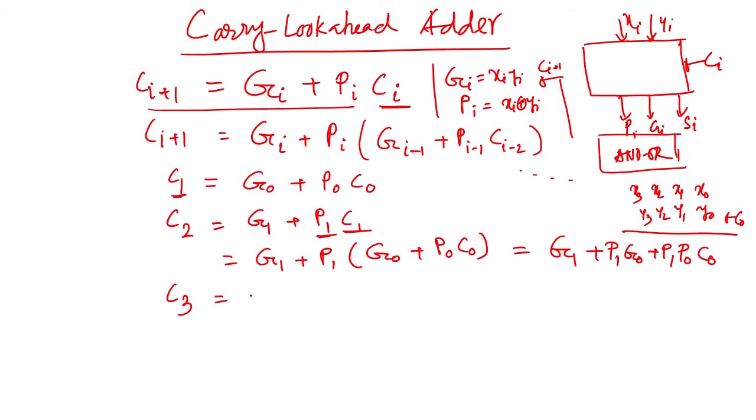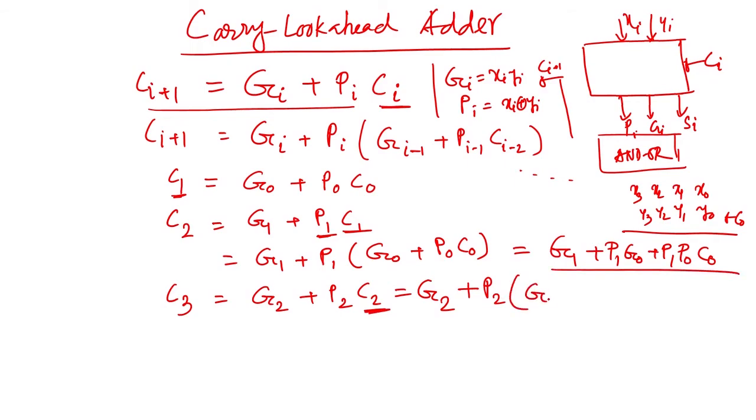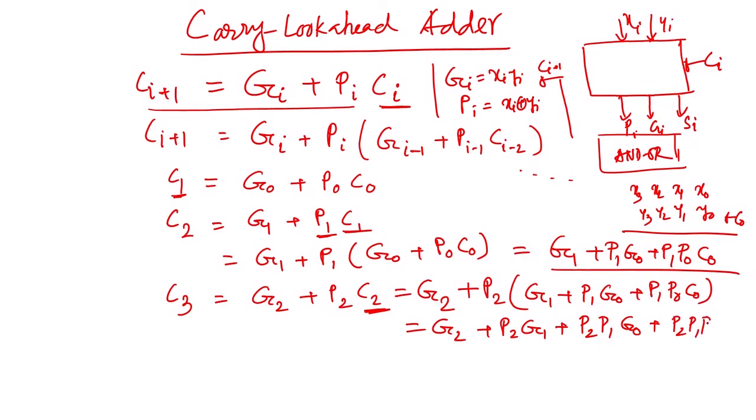Now, C3 you can write as G2 plus P2 C2. Now, if you replace it, G2 will remain G2 plus P2 and C2. What is C2? C2 is this entire term, G1 plus P1 G0, plus P1 P0 C0. So, this is G2 plus P2 G1 plus P2 P1 G0 plus P2 P1 P0 C0.